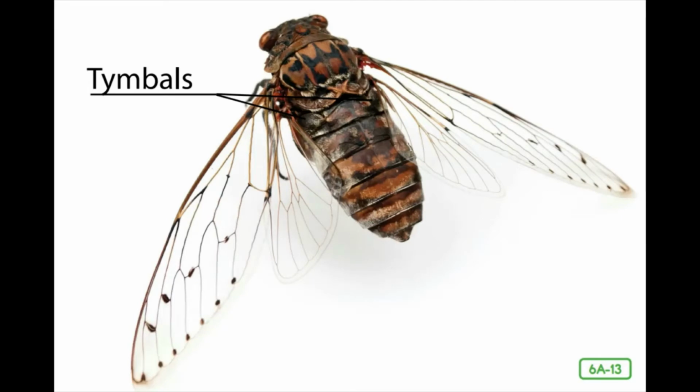The tymbals pop and click as they move in and out. Their sound is amplified, or made louder, inside the mostly hollow abdomen, acting like a drum and creating a loud buzzing song. The shrill sound of hundreds or thousands of cicadas singing together on a warm summer evening may be very, very loud.